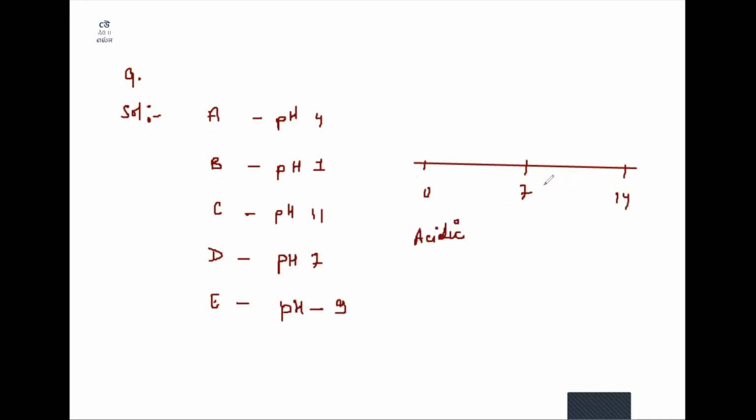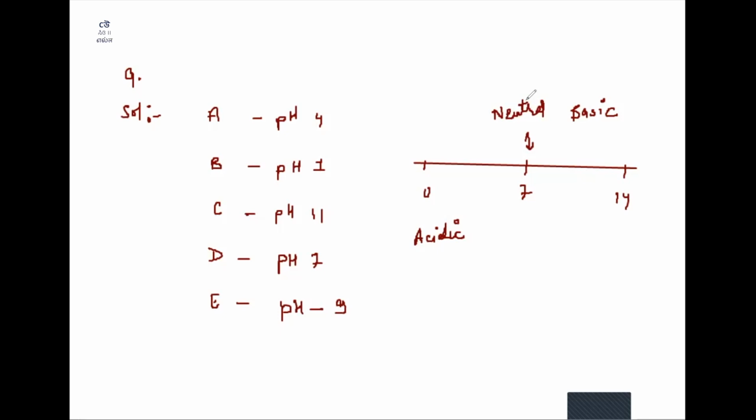The ones whose pH value is between 7.1 to 14 are basic in nature. And the solutions which have the exact value of 7 are called neutral substances, for example distilled water.